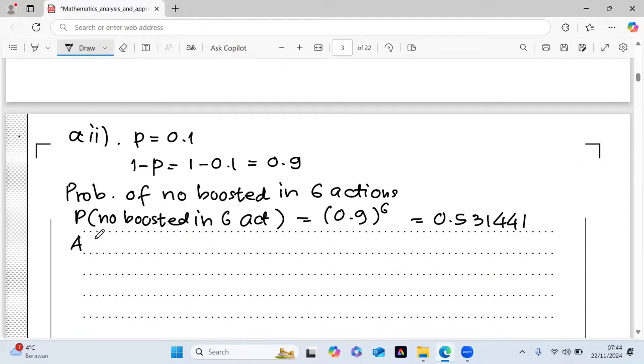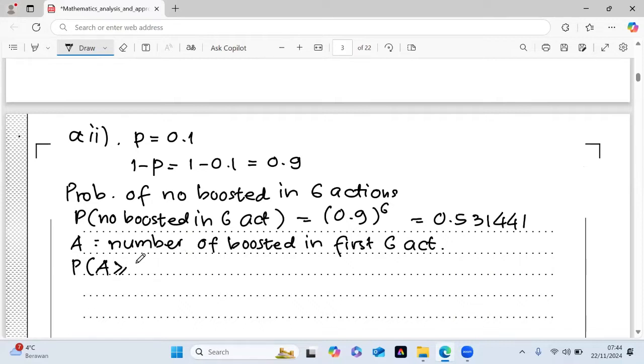If A is the number of boosted in the first 6 actions, we can determine P of A greater than or equal to 1.